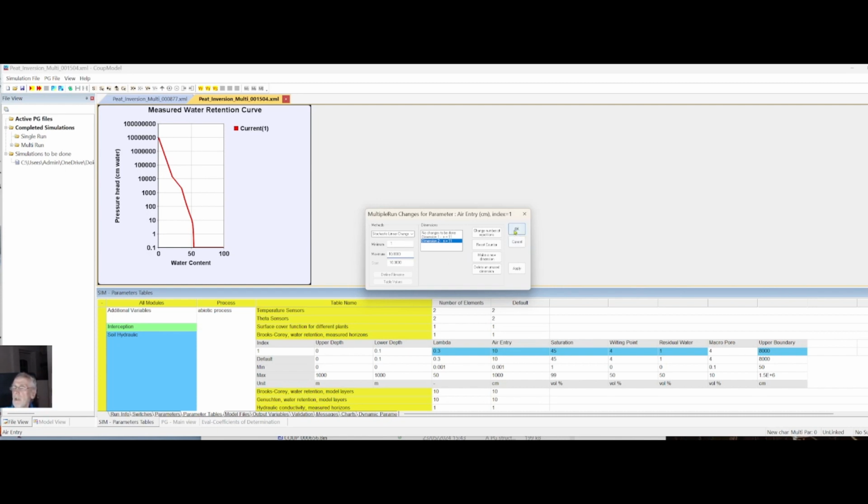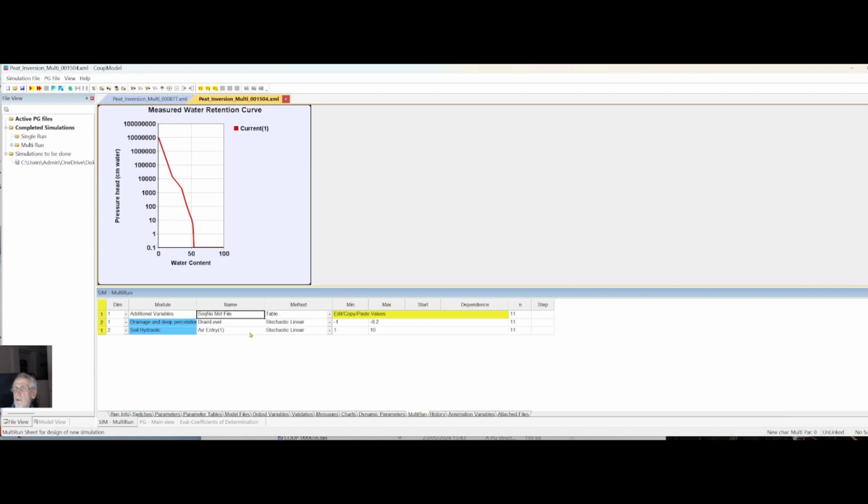And then we say OK. And now this is a range from 1 to 10 in dimension number 2. And going then to the Multirun tab, we can see that this is now our parameter number 3 in this.